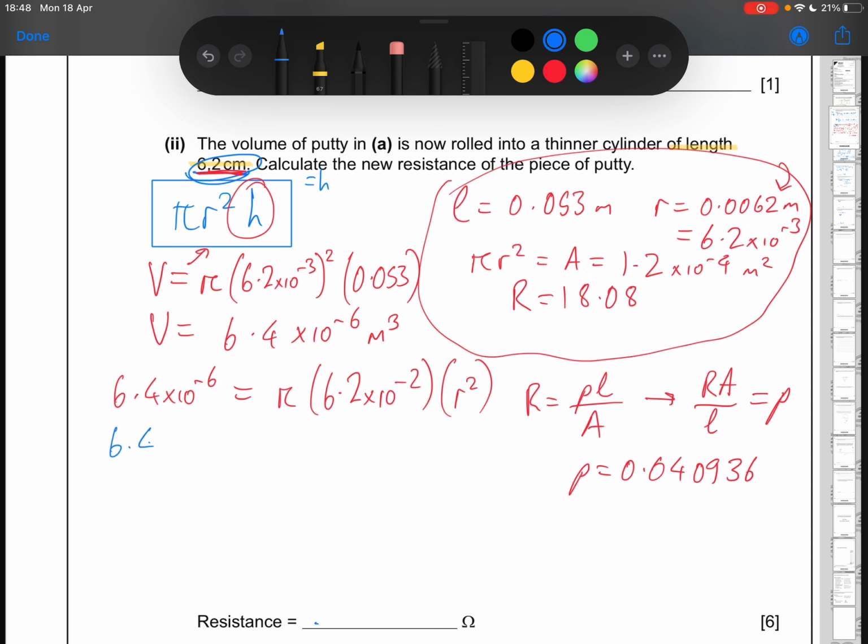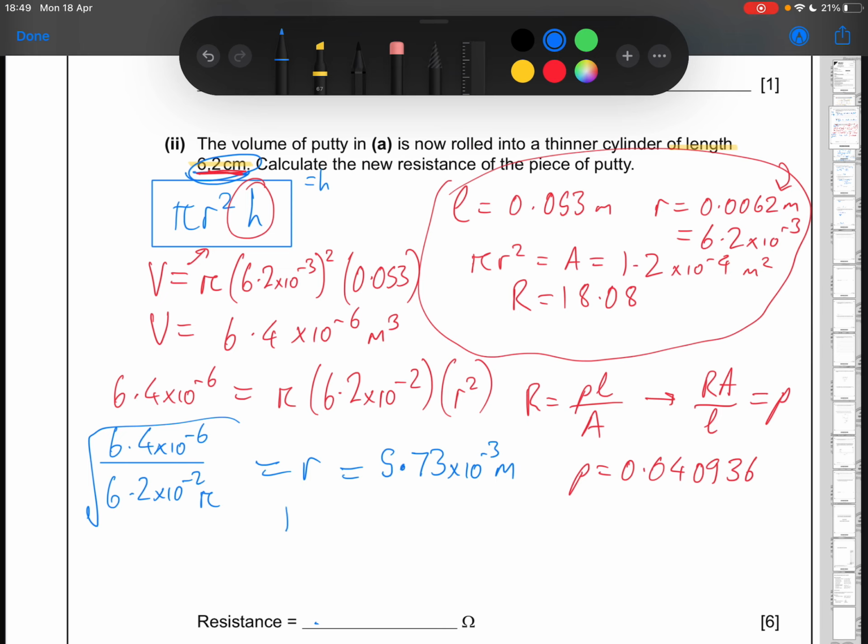So we've got 6.4 times 10 to the minus 6 over 6.2 times 10 to the minus 2 pi, and we're taking the square root of that to find our radius. Just give me a second on the calculator. The square root of 6.4 times 10 to the minus 6 over pi times 6.2 times 10 to the minus 2 gives us 5.73 times 10 to the minus 3 meters, which is our new radius.